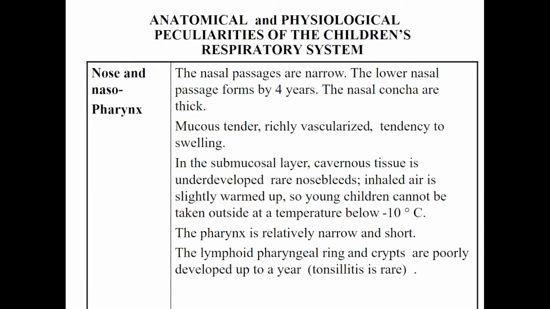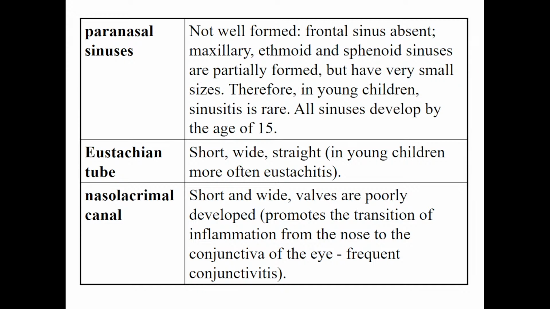The pharynx is relatively narrow and short. The lymphoid pharyngeal ring and crypts are poorly developed up to a year. That's why we don't see sore throats. Tonsillitis is rare. Paranasal sinuses are not well formed.